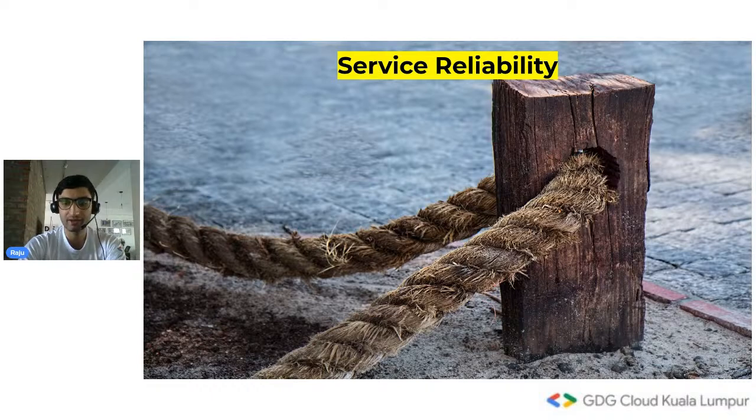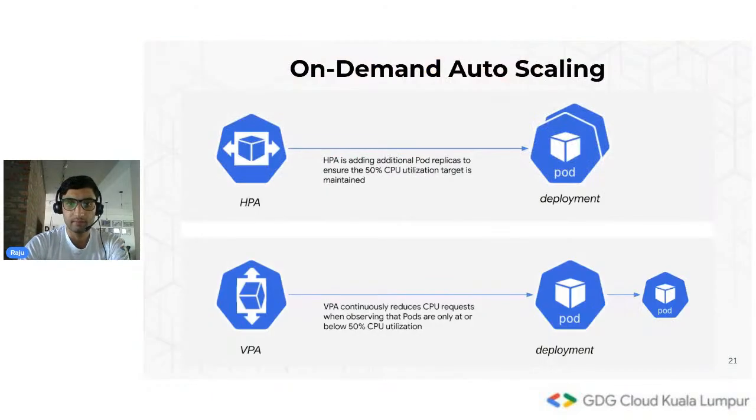So there are different kinds of reliability, right? Even for the applications running in the Kubernetes cluster, we need to have some scaling to achieve a specific state of reliability, right?